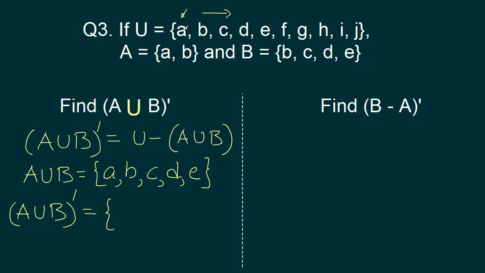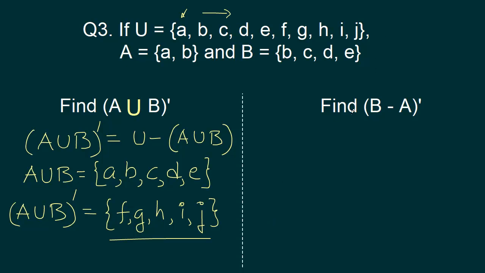The letter A is here, so we do not write A. Then B is also here, C is also here, D is also here, E is also here. That means we skip A, B, C, D, E, and the answer will be F, G, H, I, J. So A union B dash or complement is this particular set.